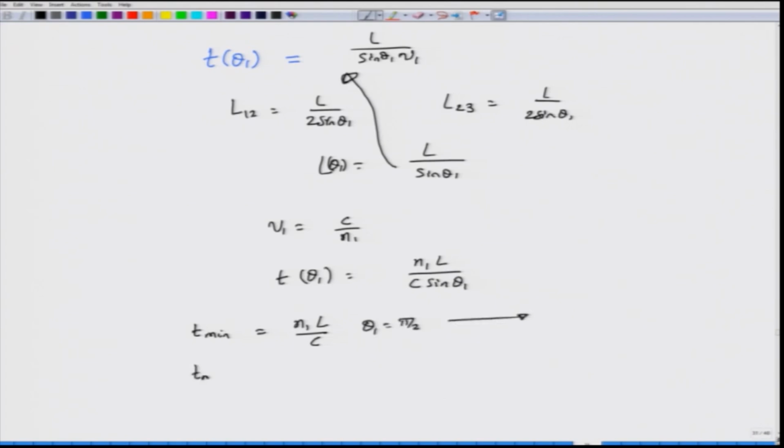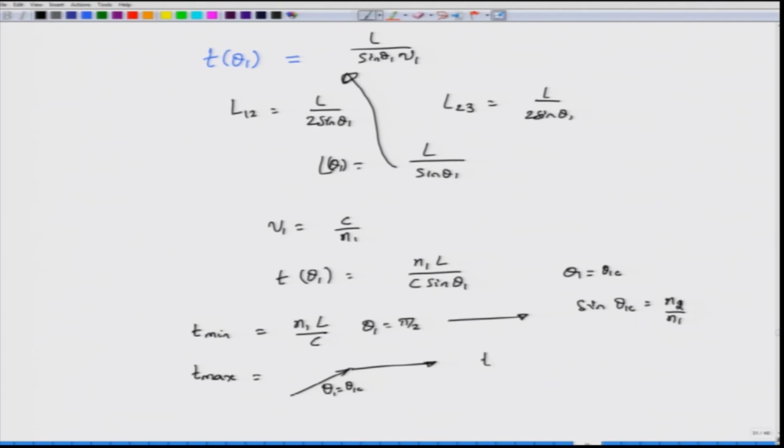The maximum time is taken by the ray which travels just at the critical angle. When your angle is just at the critical angle, it takes the maximum time to propagate, and that can be obtained by letting theta 1 equal theta 1 c and recognizing that sin theta 1 c is basically n2 by n1.